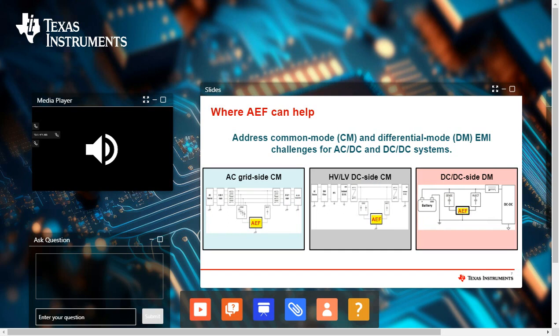This slide illustrates three areas where AEF ICs are used: the AC grid side common mode attenuation on the left, the high voltage, low voltage DC side common mode attenuation in the middle, and the DC-DC side differential mode attenuation on the right.